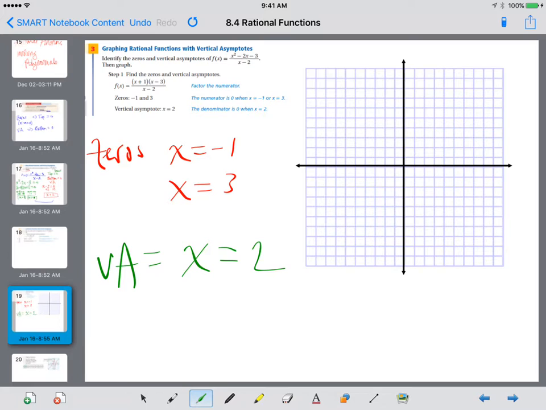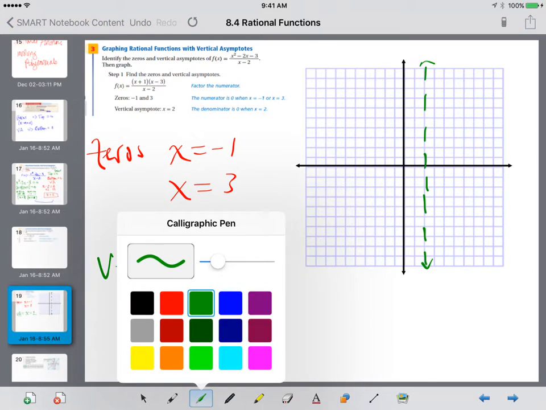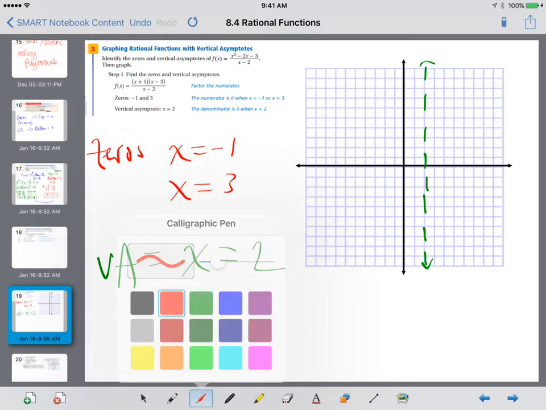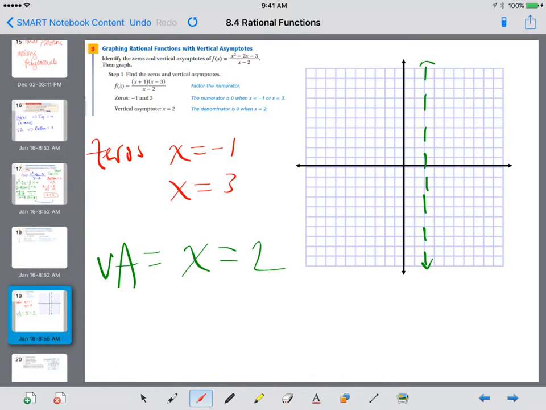When you graph this, what you need to do is have the vertical asymptote graphed correctly. So here's the vertical line where x equals 2. There's our vertical asymptote. Now you can set up the zeros by plugging in x equals negative 1 and x equals 3.